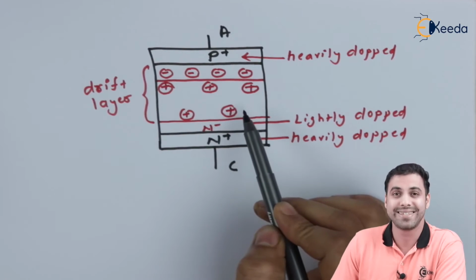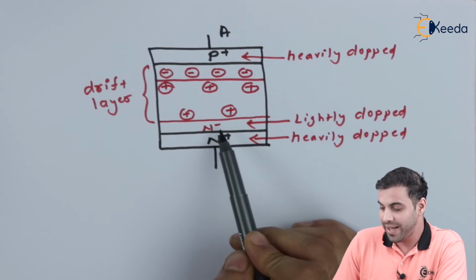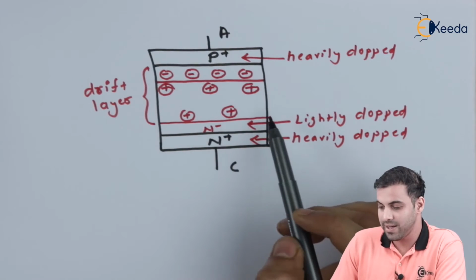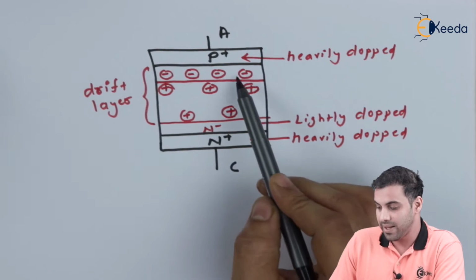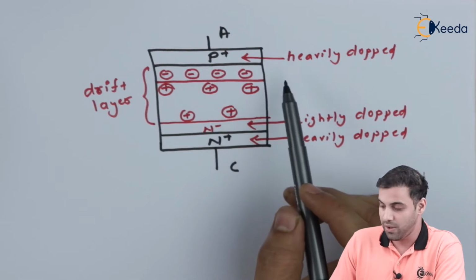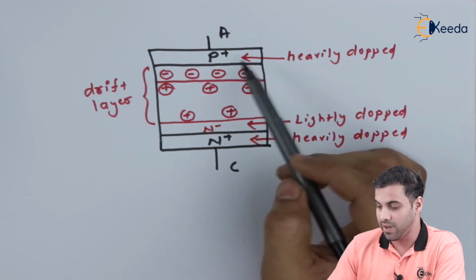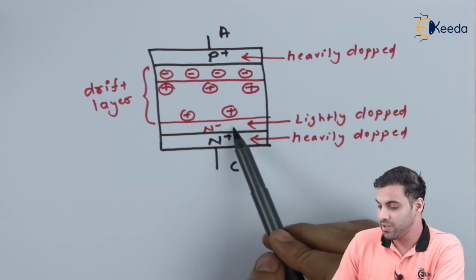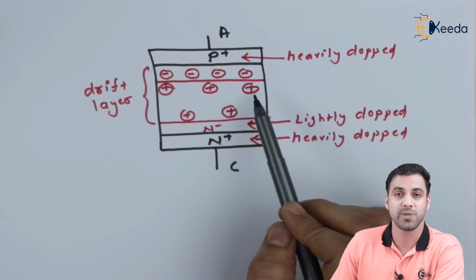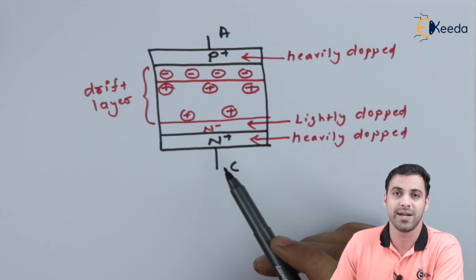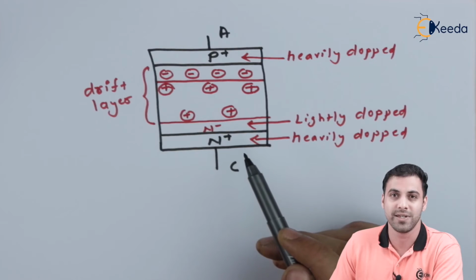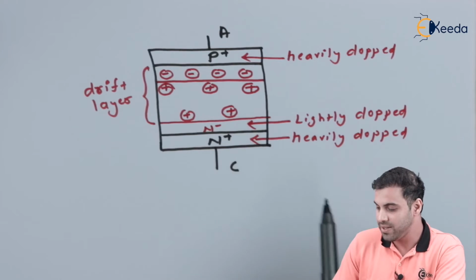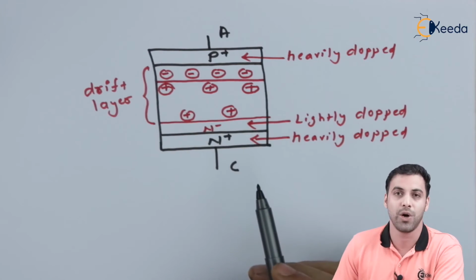Because of the n minus region and the well maintained space charge region, the thickness of the space charge region increases, so it becomes thick enough to withstand a high amount of electric current and voltage. The entire figure here represents a power diode.